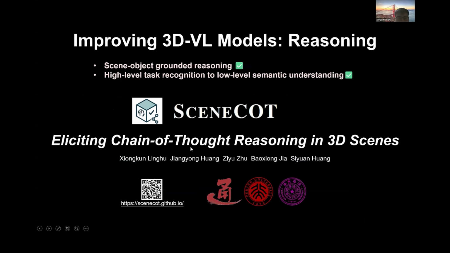Our recent work is named SOT, eliciting chain of thought reasoning in 3D scenes. In this work, we propose a step-by-step reasoning framework to conduct scene object grounded reasoning, as well as a workflow from high-level task recognition to low-level semantic understanding.